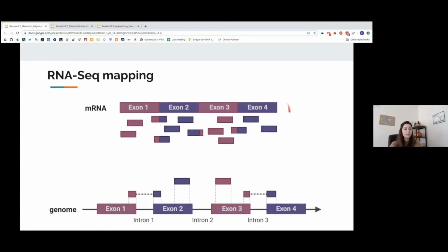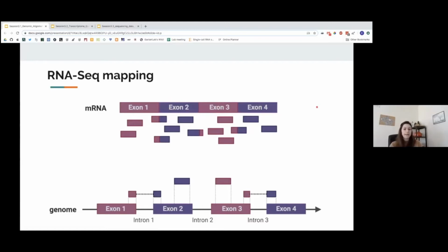Just like the genome can be contained in a FASTA file, so can the sequence of each of the known transcripts. So this is an already spliced, mature sequence of each transcript you know you have in your genome, and it can be used for mapping the reads directly onto it. So now there's no problem anymore with reads that will map to more than one exon, because the exons have been spliced computationally.